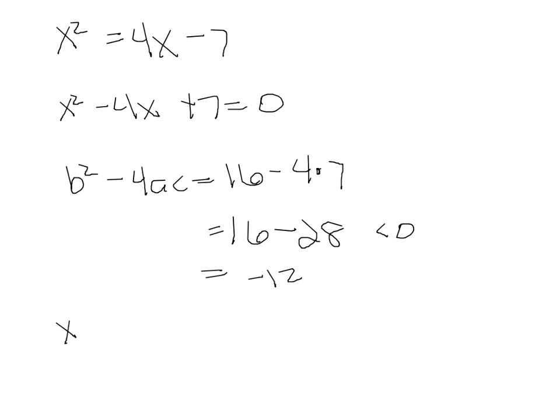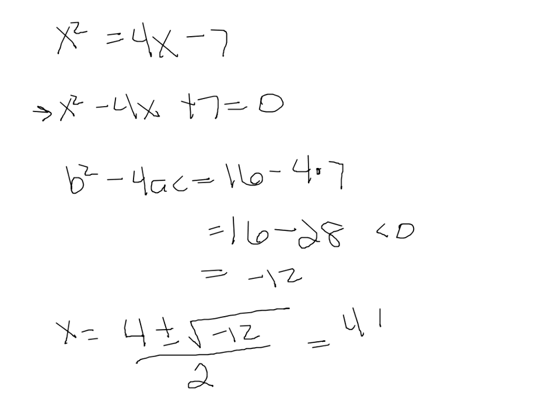So my solution, applying the quadratic formula right there, is going to be minus a minus 4 plus or minus the square root of minus 12 all over 2. So 4 plus or minus the square root of minus 1, square root of 4, square root of 3, all over 2.